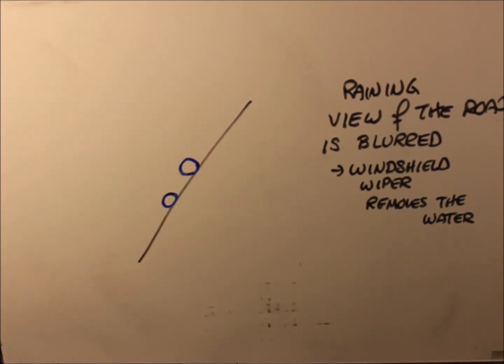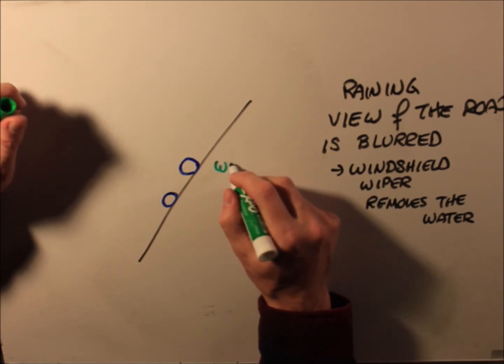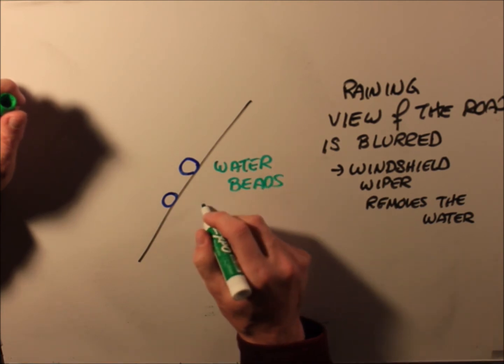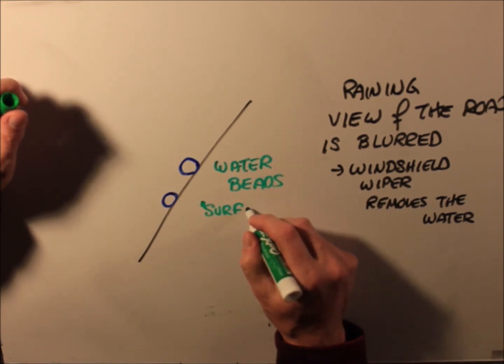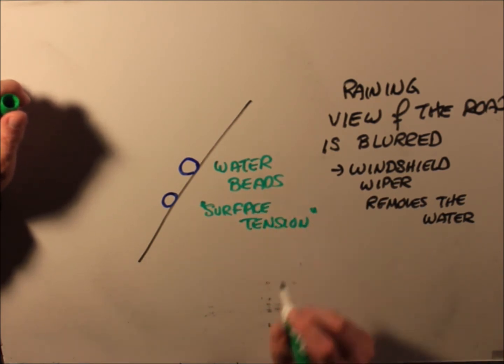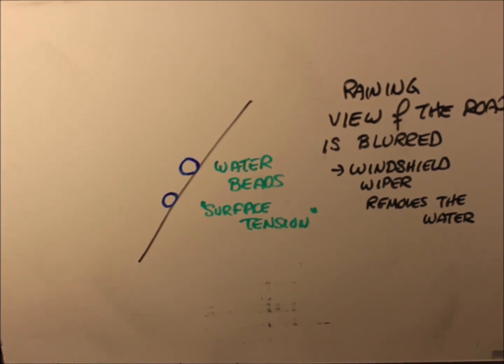And these water beads, or whatever you want to call them, are due to something called surface tension. This is a tendency for water and other liquids to cling to things. And when they do, they tend to form these spherical round balls. This is a property of these materials, and this of course is one of the reasons, for example, why certain insects can walk across water and so on.